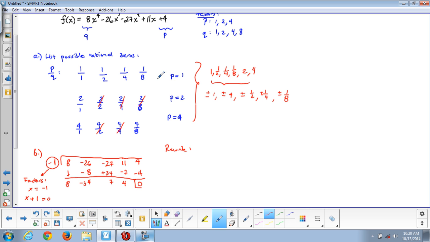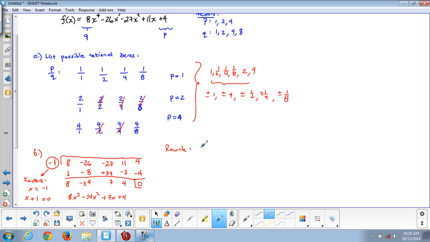my polynomial. F of x, is this 8x to the 4th, all this. By the way, our answer here is going to drop 1 degree, so it's going to be 8x cubed minus 34x squared plus 7x plus 4.